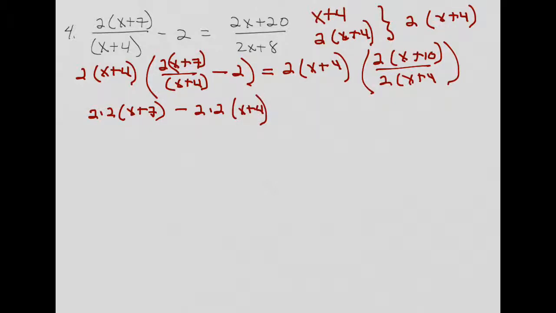Now on the other side, the LCD is the same as the denominator of the right-hand side, so that's going to cancel out there. So what's left is 2 times x plus 10.